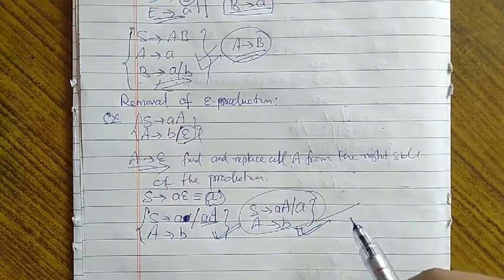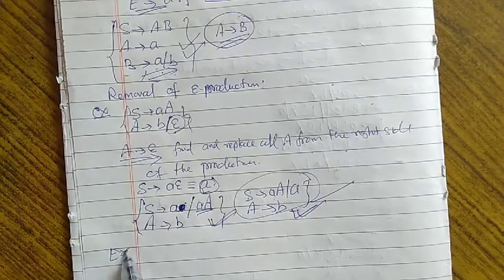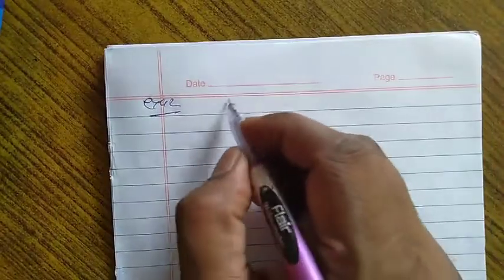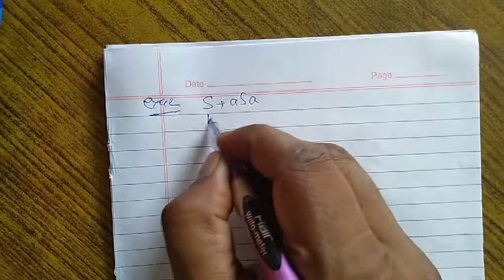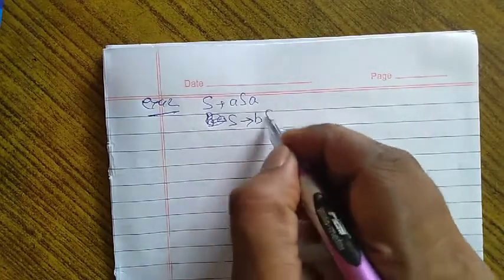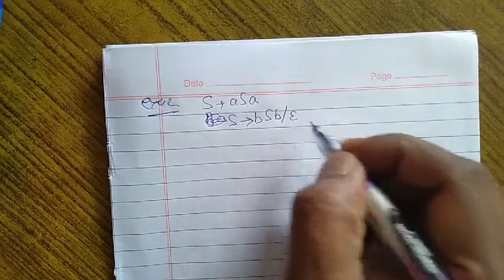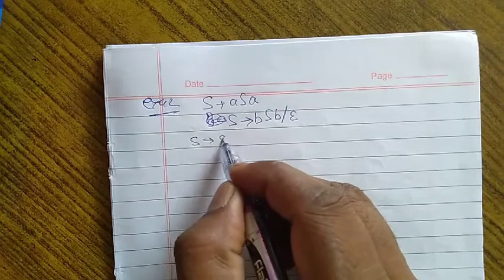Now I am taking another example, example number 2. Suppose we have the production S gives ASA or B, and S gives BSB or null. In this production we have S gives null.